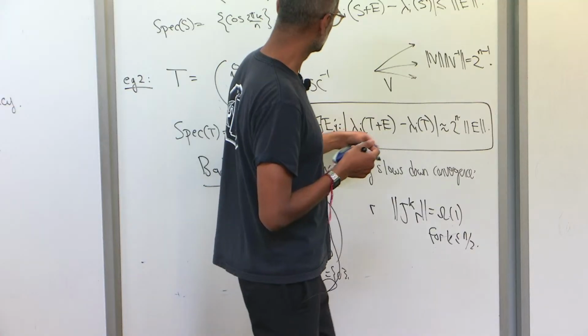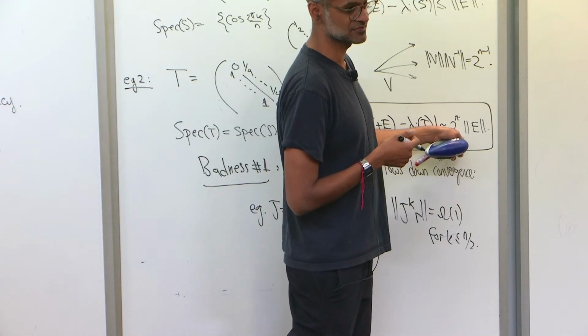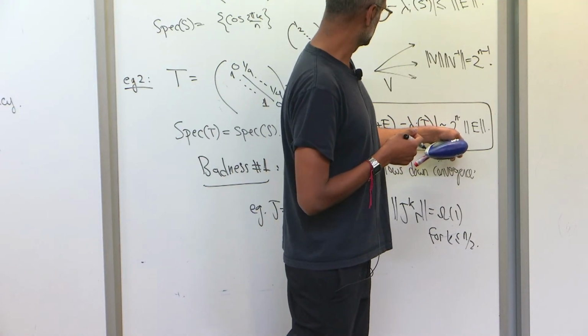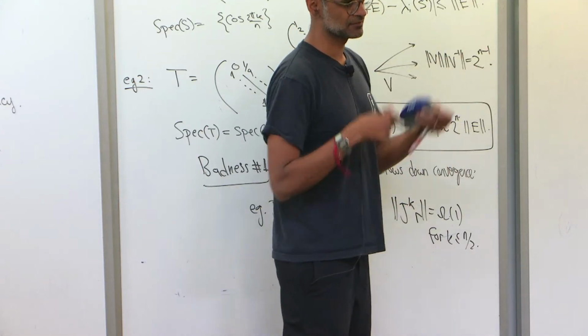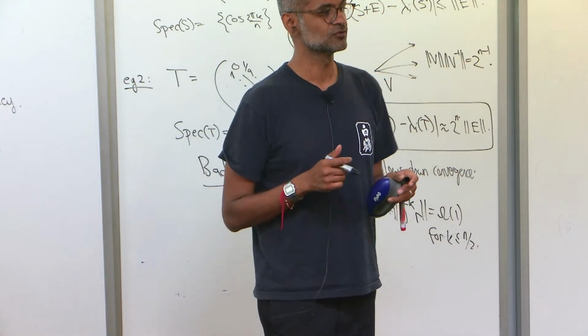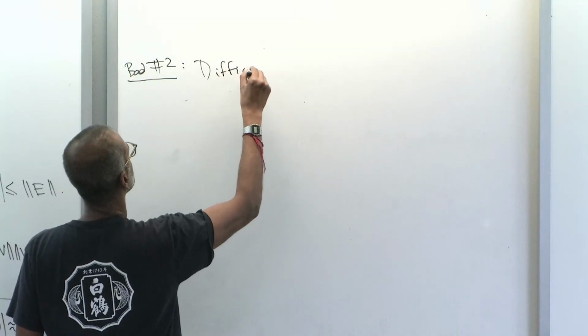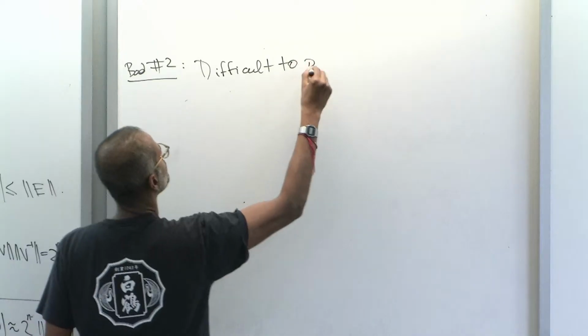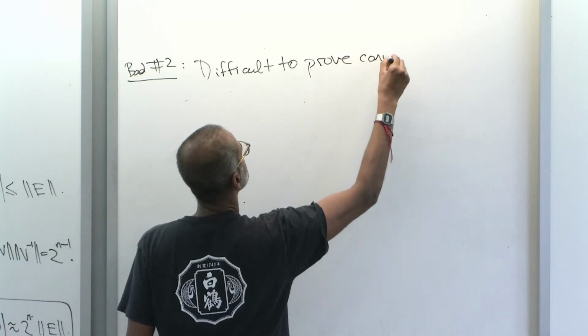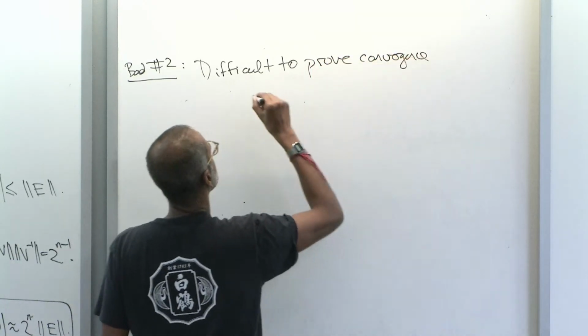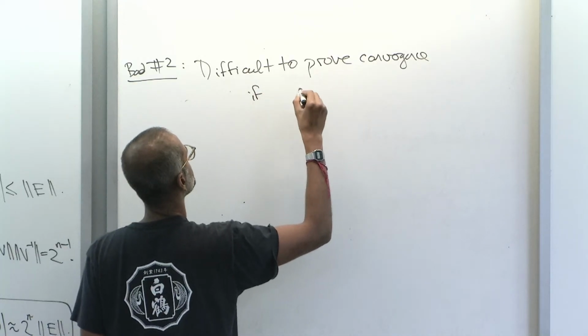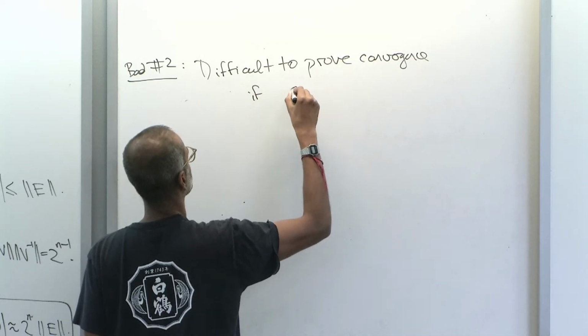Because this is saying that unless you use order n bits of precision, roughly, your eigenvalues are going to be highly unstable and jumping around all over the place. And it will be difficult to prove anything. So it is difficult to prove convergence if the spectrum is unstable.